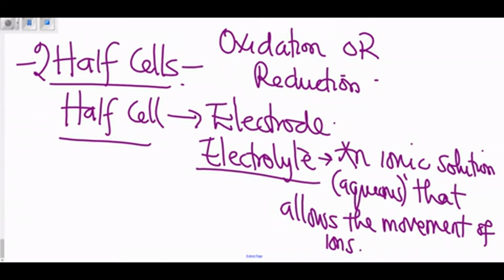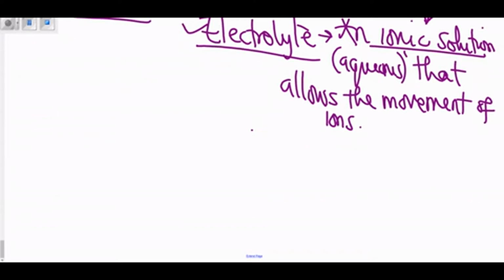So we're saying our half cell will consist of an electrode and an electrolyte. These ionic solutions are basically salts. Most of the time, we normally use the salt of the electrode. They must be of the same kind.